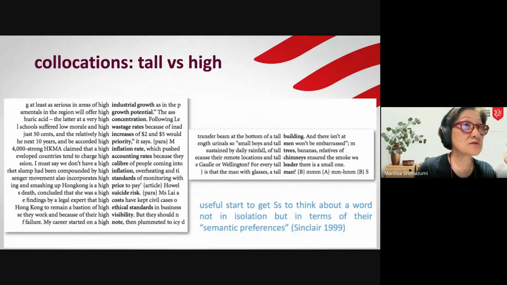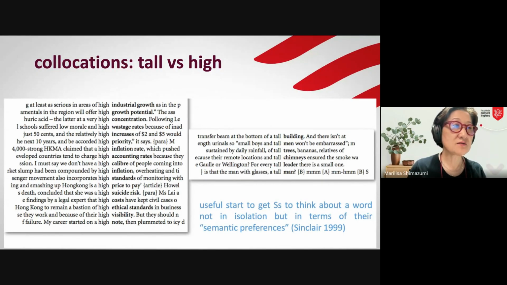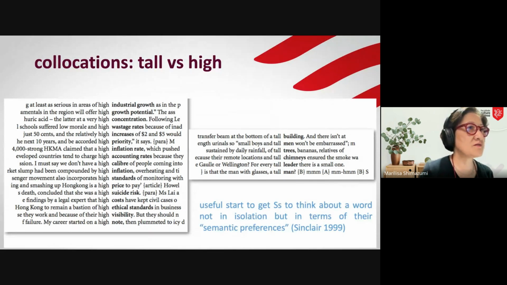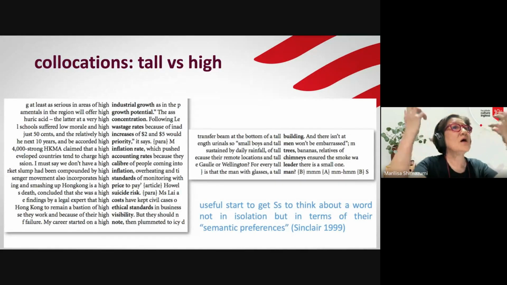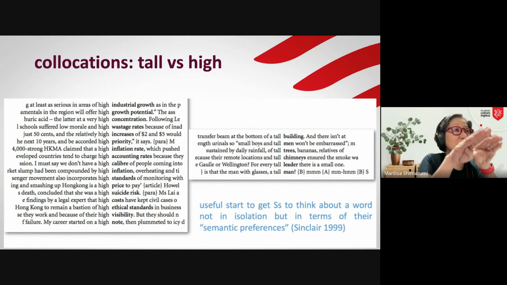So according to John Sinclair, professor emeritus, now deceased, from the University of Birmingham, collocations and corpus are a useful start to get students to think about a word not in isolation, but in terms of semantic preferences. So collocations are related to semantic preferences. Colligation is related to lexicogrammatical orders.